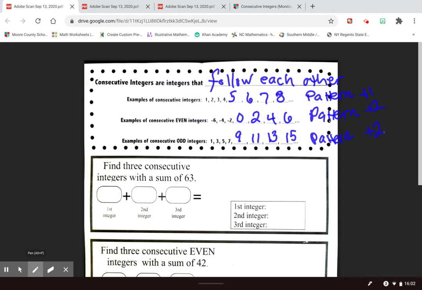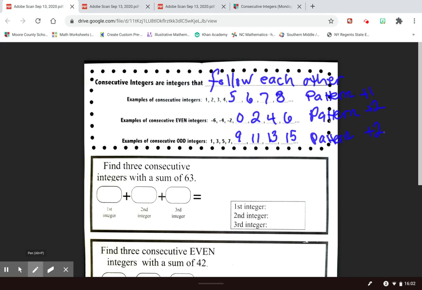So notice how when I have consecutive integers, I just count by ones. And then when I have evens or odd integers, I actually skip the number in between, and I have a pattern of plus 2. Okay, so let's look at our first example here, which says to find 3 consecutive integers with a sum of 63.